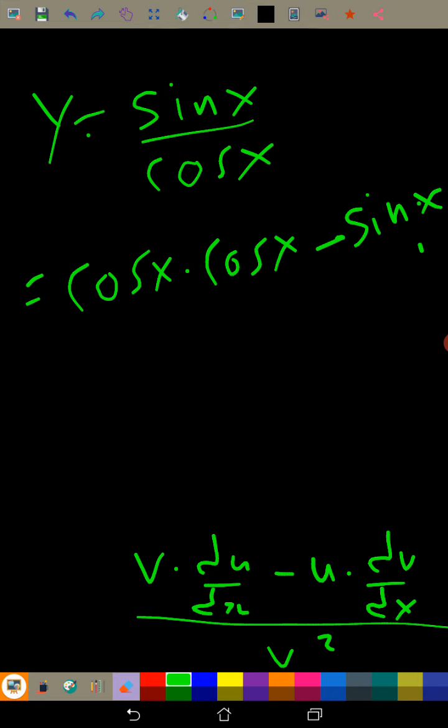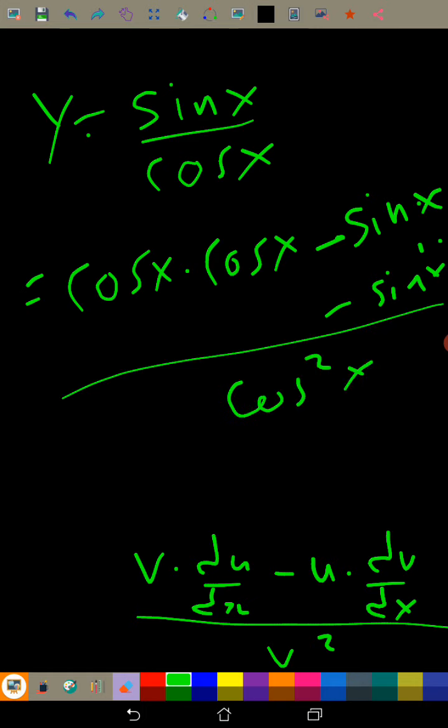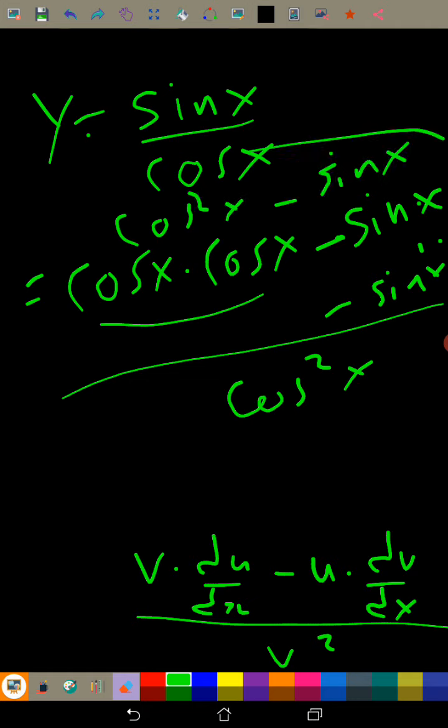So we have this u times minus sine x divided by cos square x. So this is cos square x minus sine square x. So we know it's 1. No, it's not 1 because we have minus here. If it would be plus, it's going to be 1.